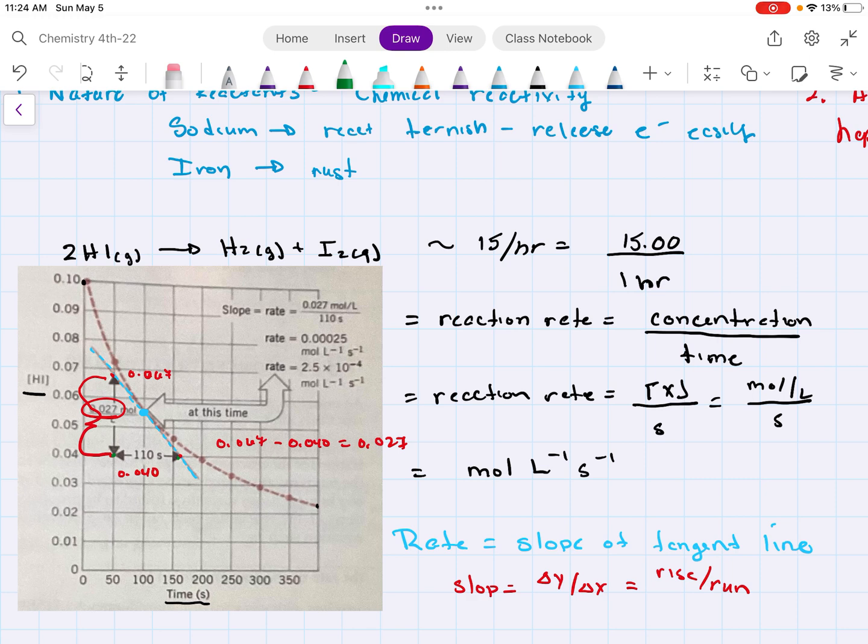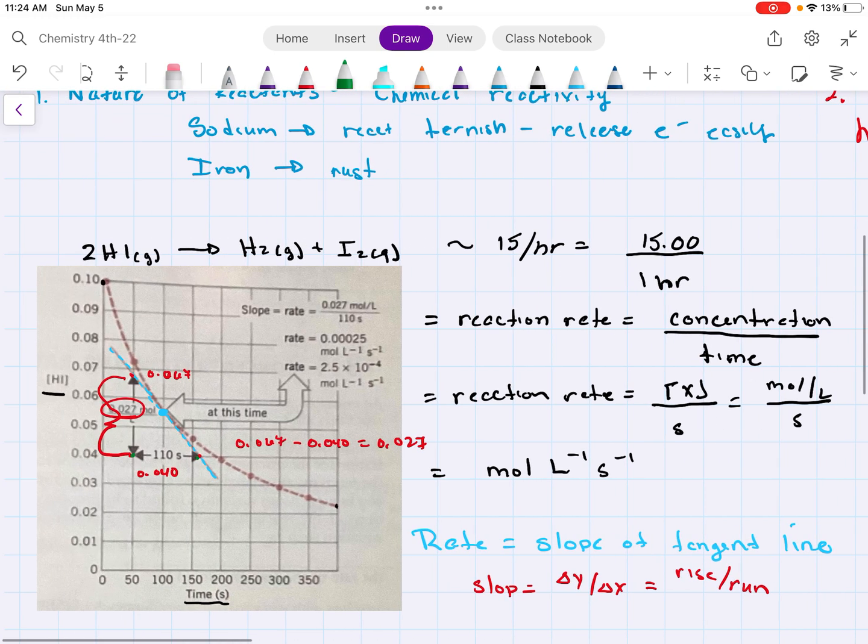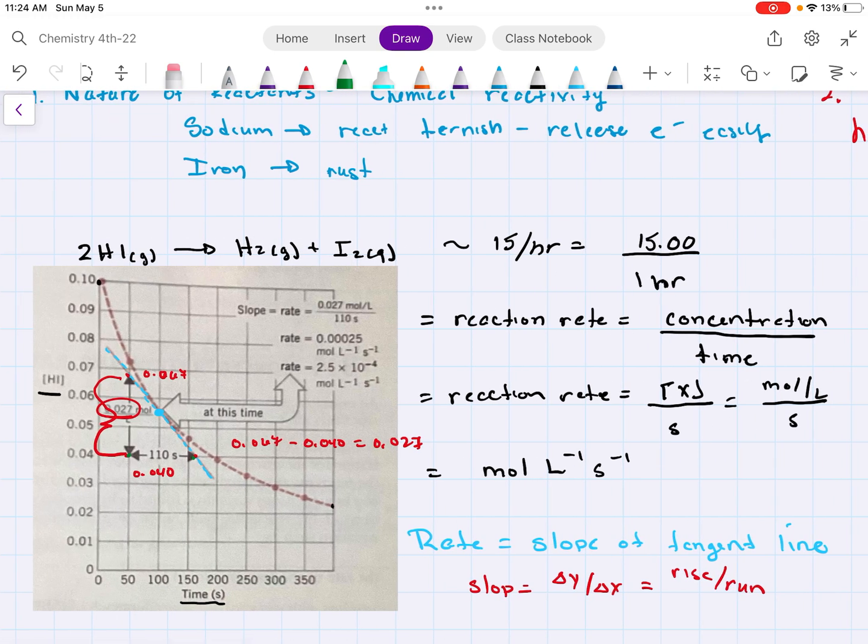So if you take the change in concentration, 0.027 moles per liter, divided by the time, you're going to end up with a rate of 0.00025 moles per liter per second, or mol L^-1 s^-1. This is exactly the same thing, just written in scientific notation, but that's basically it.